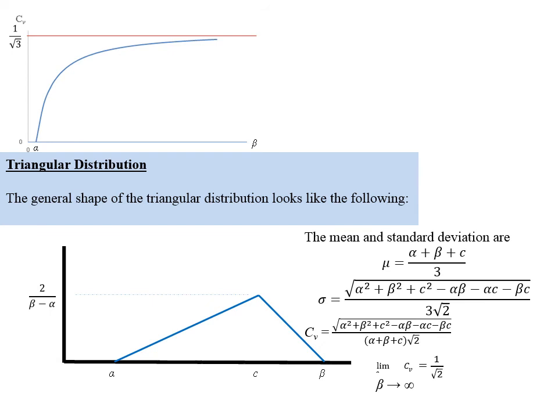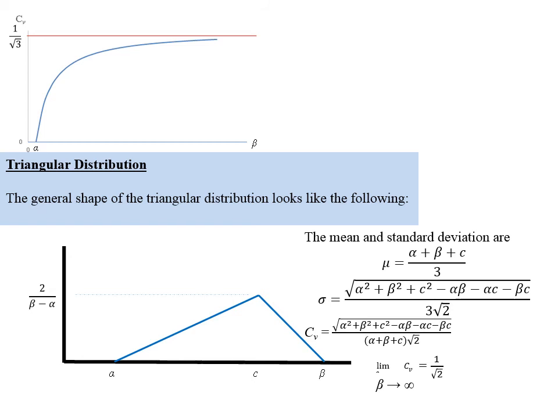Another example here is the triangular distribution. Again, I assign a parameter, which is b, and this b is the one for which we later take the limit, when b approaches infinity. With similar analysis, mu and the standard deviation can be calculated, and then the coefficient of variation, which is equal to this expression.